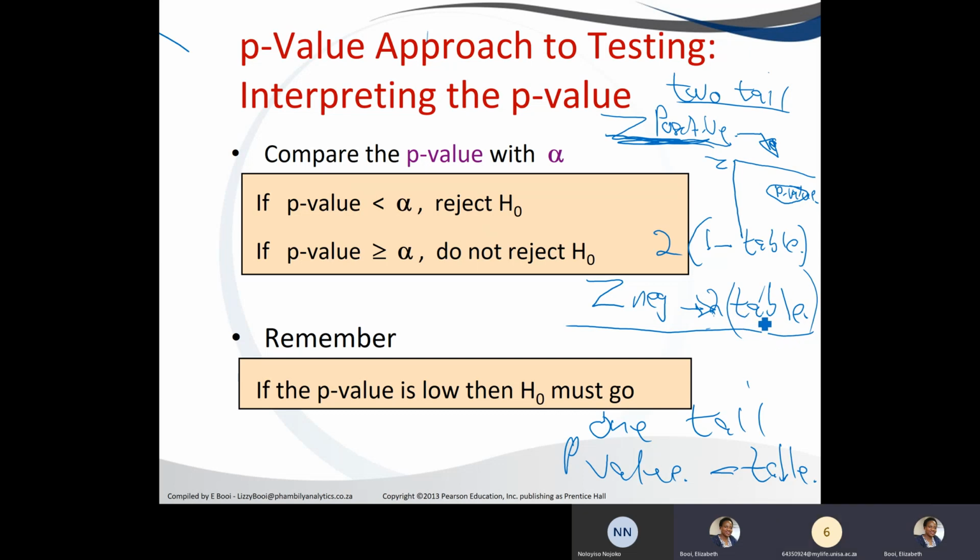So now we know the table value was 0.0092, which is our p-value. Remember, the table value is our p-value. And we cannot call it the p-value as yet because we still need to multiply that by 2.